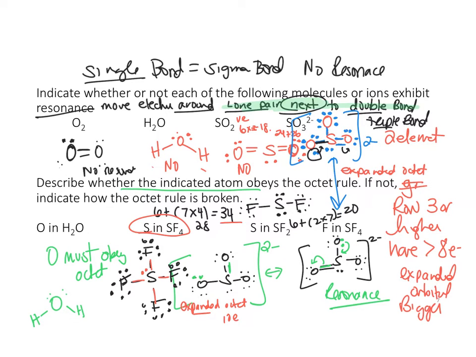And you cannot make a double bond. So let's count how much sulfur gets. 1, 2, 3, 4, 5, 6, 7, 8. So yes, this obeys the octet rule because it's 8. Fluorine in SF4, we just did that one here, and it will always obey. Fluorine will always obey, or else your structure is incorrect.